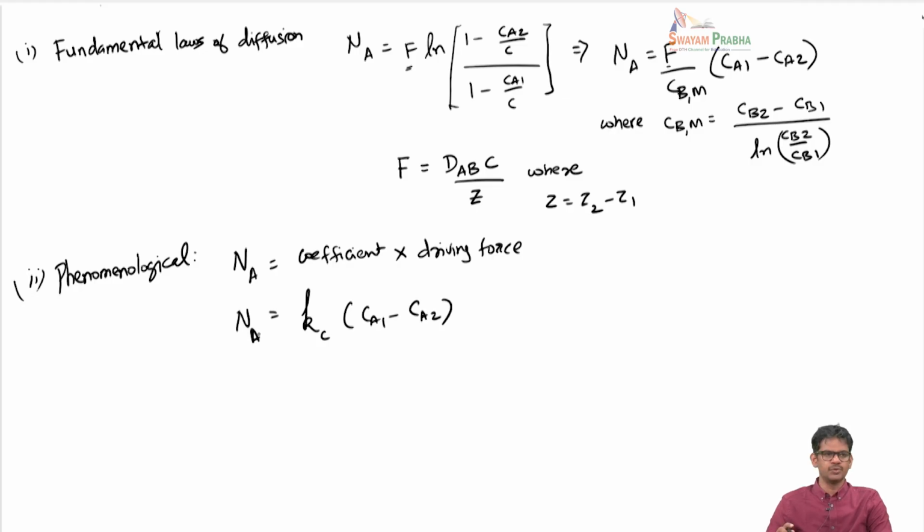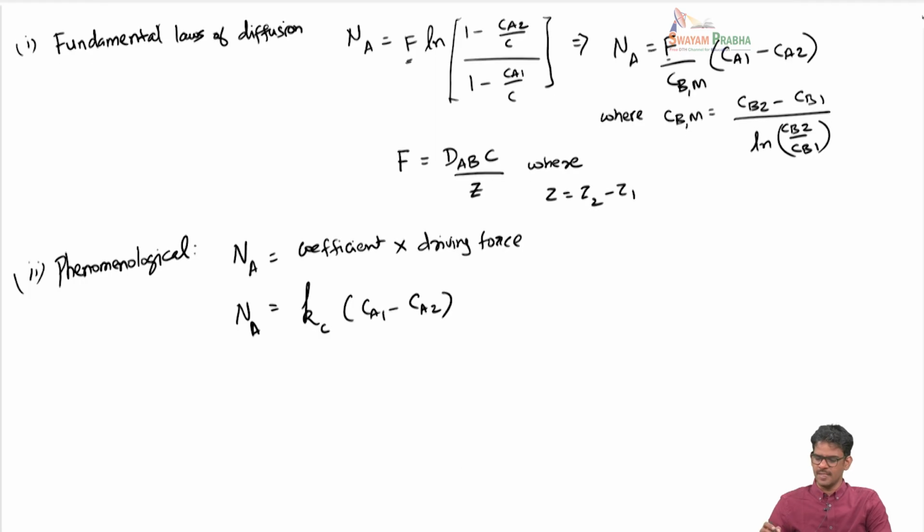So these are two ways of writing the mass transfer flux. This particular phenomenological approach is similar to how we write heat transfer flux, where we write Q is some heat transfer coefficient times delta T. Okay, so it has analogy to this.